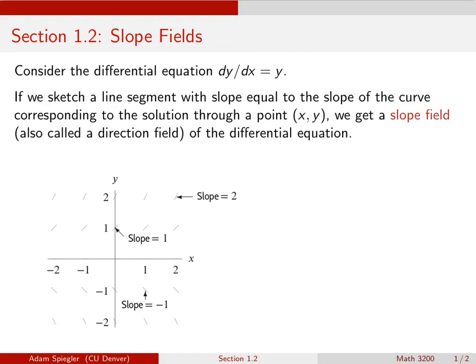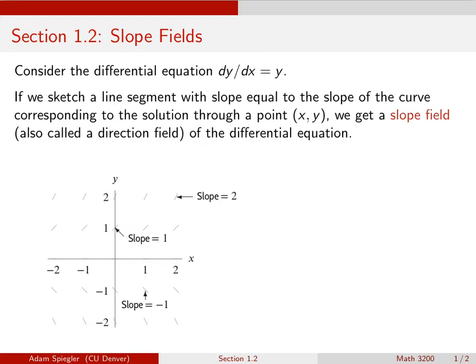And as we've been saying, this is a really special differential equation because it only depends on the dependent variable y. It does not depend on x at all, and that's why we're seeing this behavior that the slopes of the line segments along each horizontal line where the y value is the same are parallel.